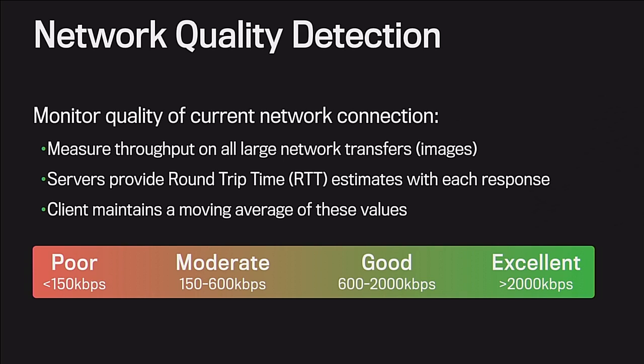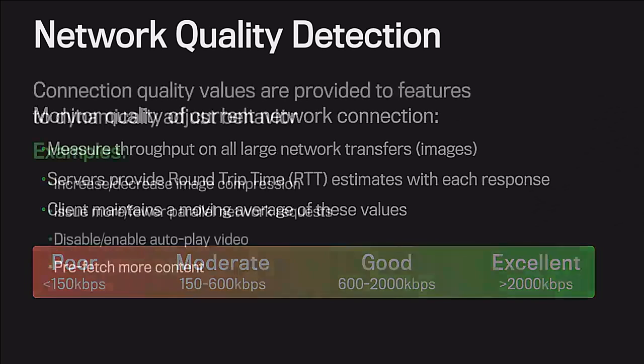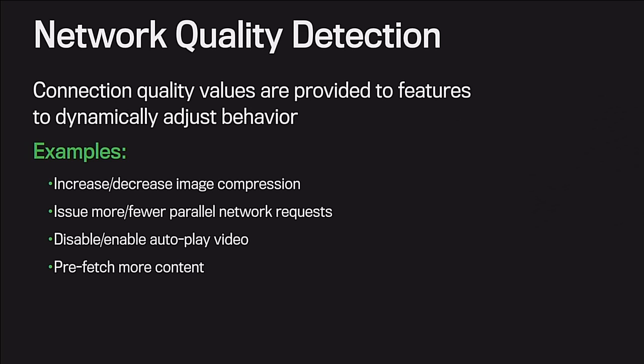Those are the current values we're using. Those could change. Those values are then provided to feature developers that are adding features to the Facebook application, and they can adjust their behavior accordingly if the network is slow.